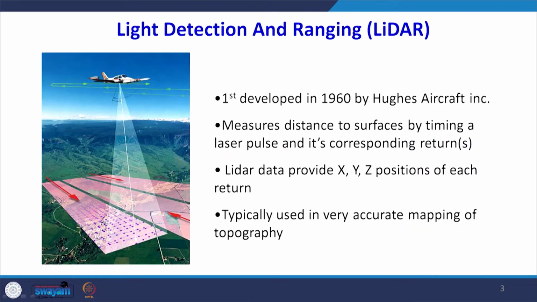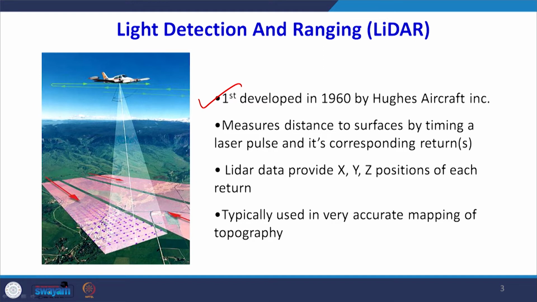If we look at airborne LiDAR technology, it was developed long back. It's not a new technology. It was developed in 1960, but at that time it was not used for mapping purposes. This technology is based on laser pulses: it sends a large number of laser pulses to the ground, and we can see the dots here.